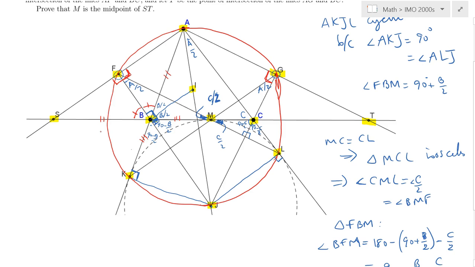So what I'm trying to say is that the length SM is equal to SB plus BM, and replace SB with AB, AB plus BM, and replace BM with BK, AB plus BK, but that's simply AK.